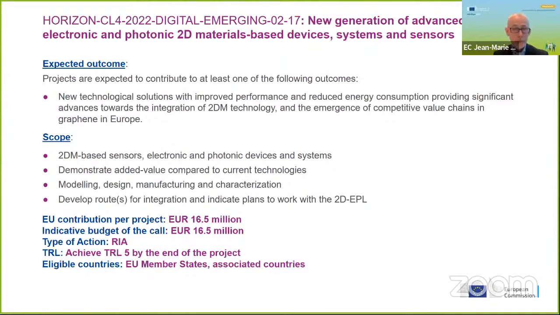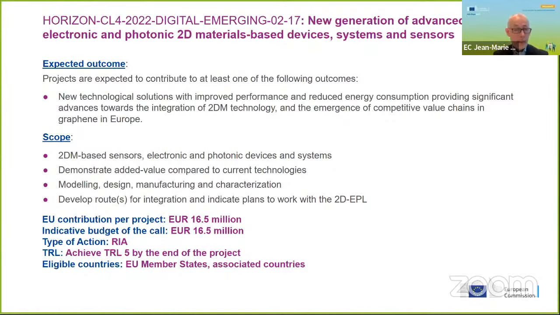Well, the call text indicates that the proposal should cover the modeling, the design, the manufacturing, and the characterization of these devices. And the proposal should also develop routes for integration and indicate plans to work with the 2D experimental pilot line. So this 2D experimental pilot line is one of the 2 grants which are currently running under Horizon 2020.